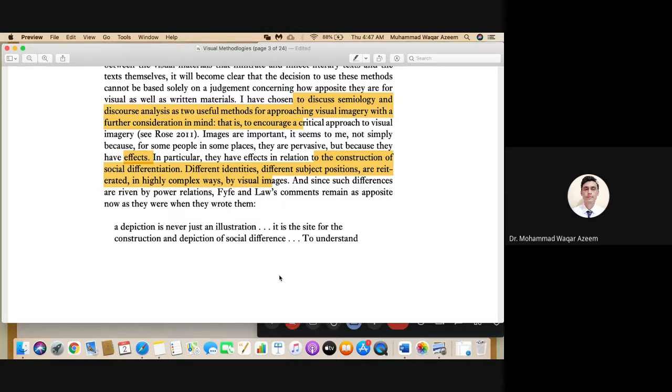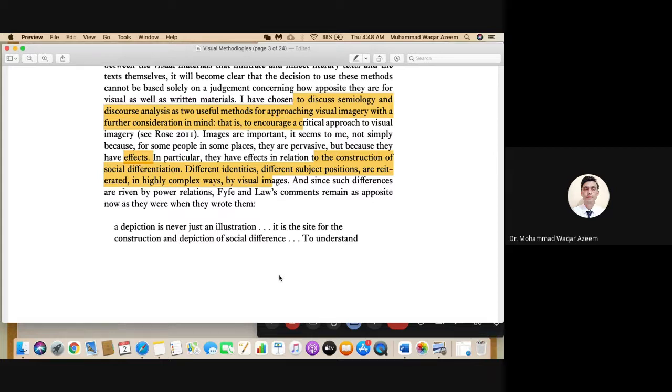For example, I can put this example in two ways. One is that in a lot of visual images that we will come across with reference to some of the South Asian cultures, there is the way gender is represented through visual images, right?